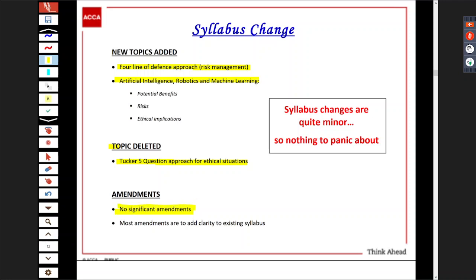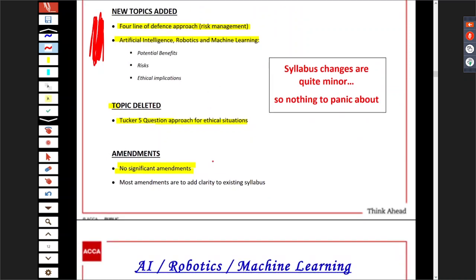Most of them are just changing the position or the sequence, or putting a comma here or extra 2 words there. So the main thing we need to focus on is these two topics. Please do not let the syllabus change panic you. Get panicked for the right reasons, not for these things.